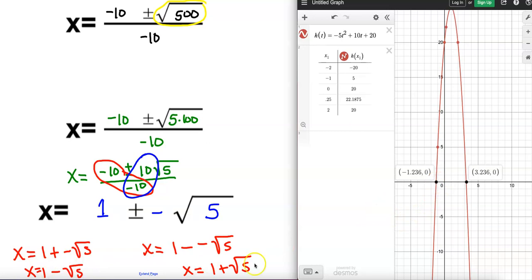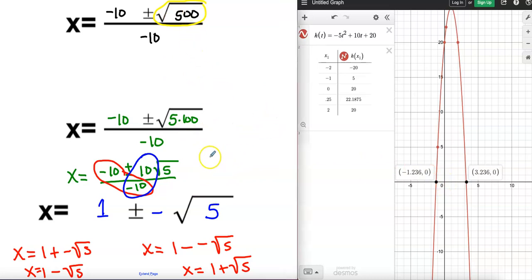But if you know that they're equivalent to each other, then you understand what you're doing. So all we did was graph the equation and we were able to find where the solutions were, in which we recognize that where they cross the x-axis are our solutions. That's what you need to know.